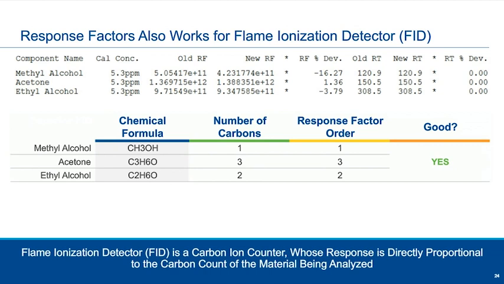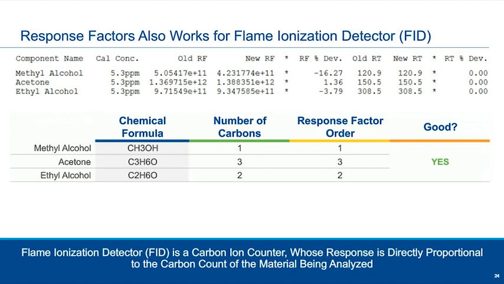Acetone, while it's the second component to elute, actually has the most carbons out of the 3 of them, so its response factor should be the largest, and that is correct as well. It's 1.4 to the 12. And then ethanol is 2 carbons, and it's in the middle.